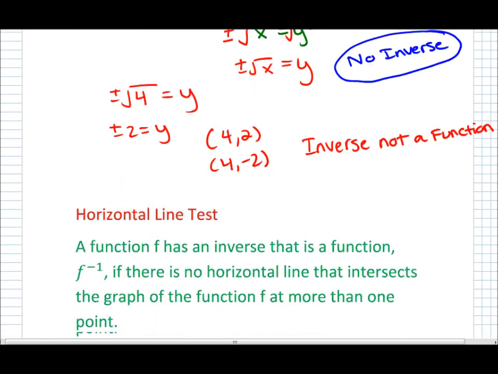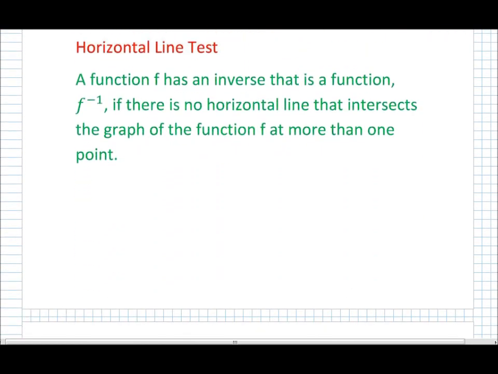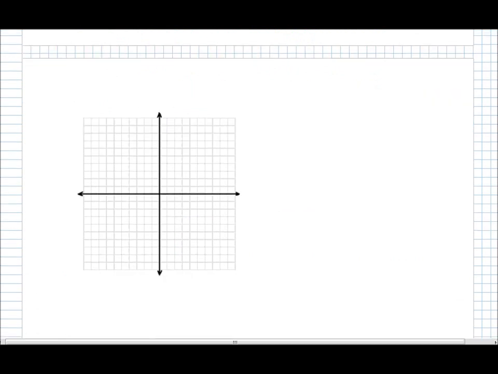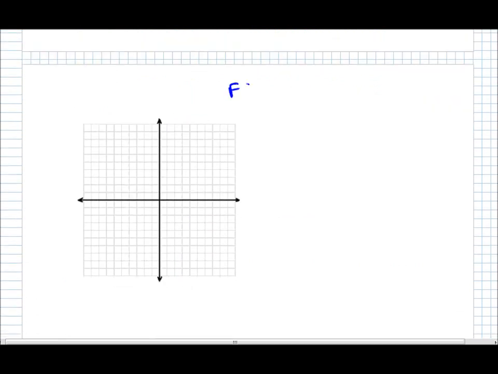Another way to tell if a function has an inverse or not is to do what's called the horizontal line test. Basically, if you go back to the previous function, f of x equals x squared, and you graph it, notice this is going to be a parabola that looks something like that.